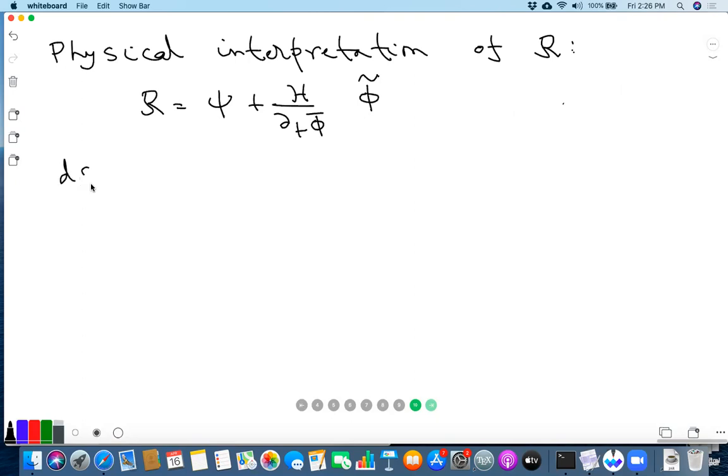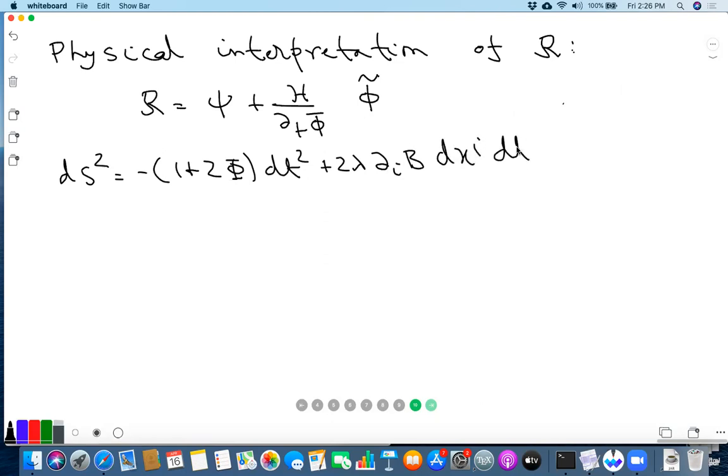So ds square is minus 1 plus 2 phi, this is capital phi, dt square plus 2 lambda. I'm writing only the tensor perturbations.